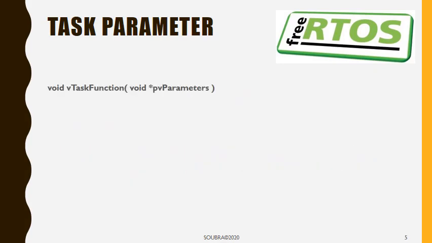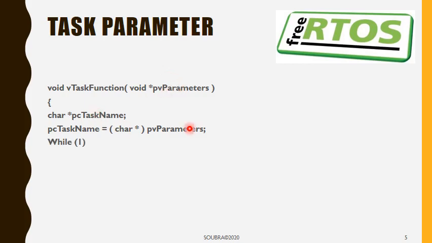Let's go and check the actual implementation of the function of the tasks now. This is the parameter that I'll be passing and using. Whatever parameter I'm passing to the function whenever I'm creating the task will come here inside something that I'm calling task name, and of course I want my task to be a perpetual one.